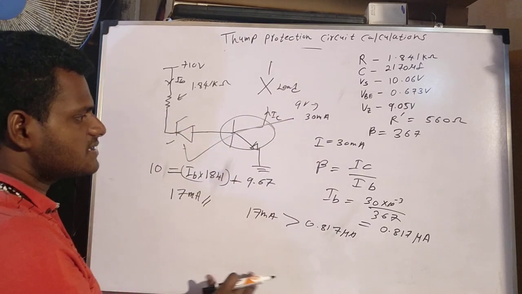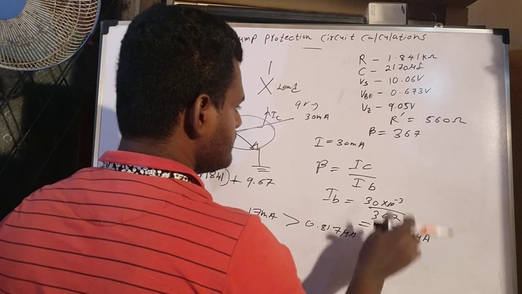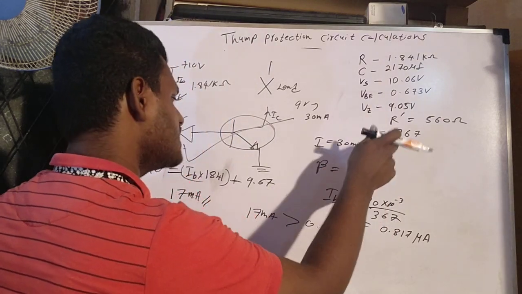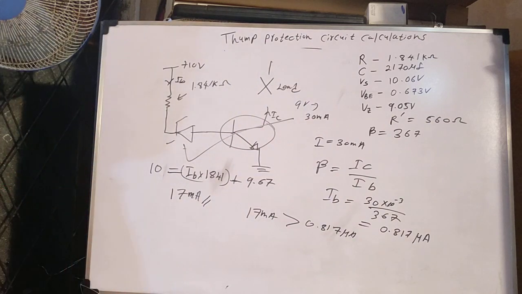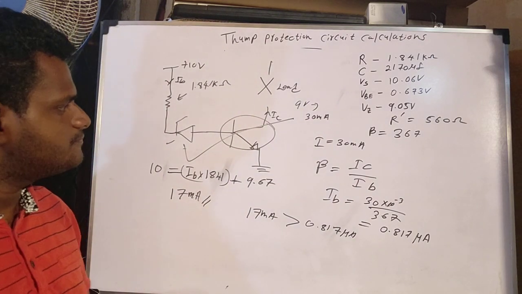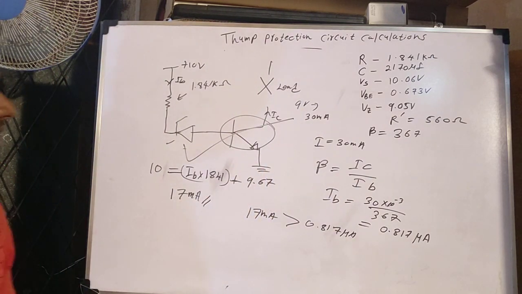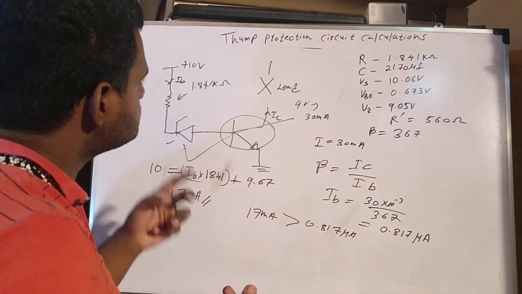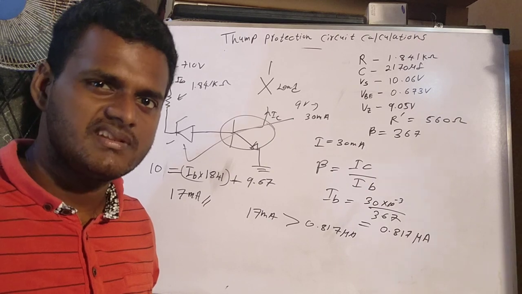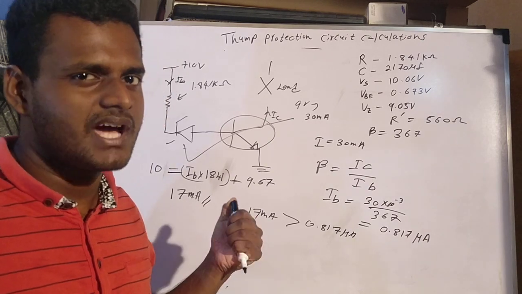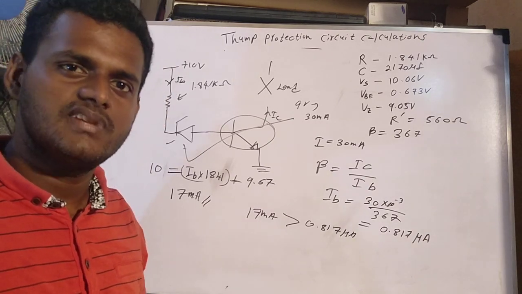The maximum current, I will calculate as 17 milliamperes, apply it here, and then I can find the IC. If you want, you can do it. I'm not going to do that. So that's how the calculations go here. So let's go to the practical and find the time it takes for that delay.